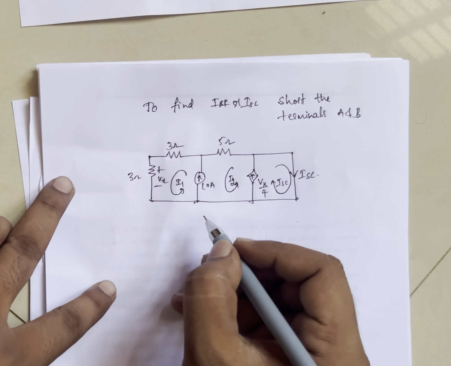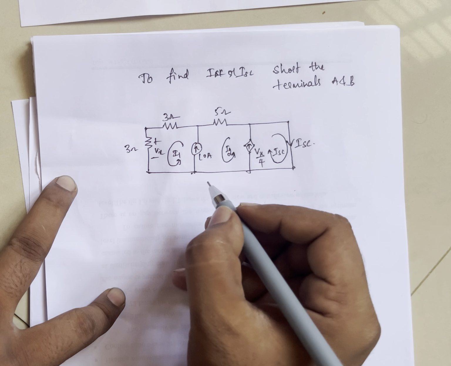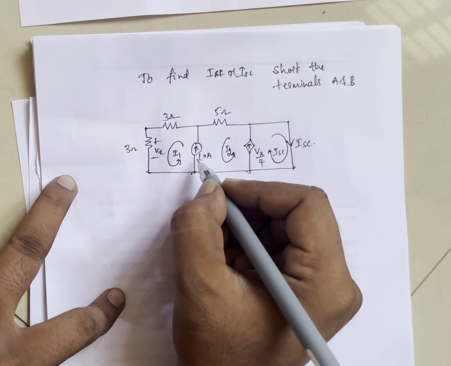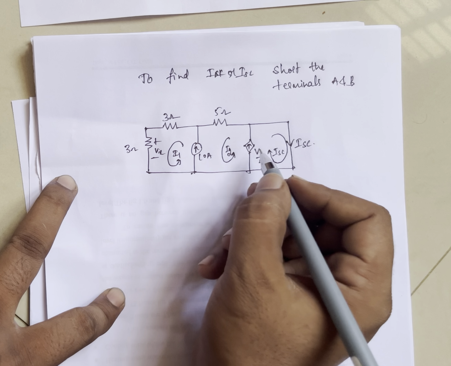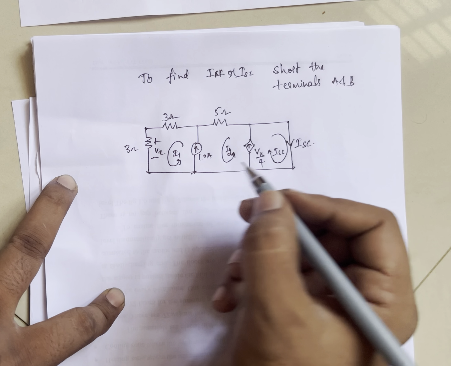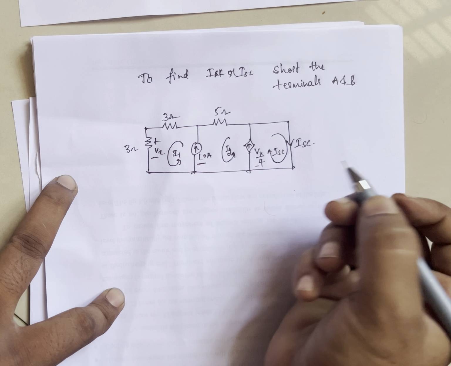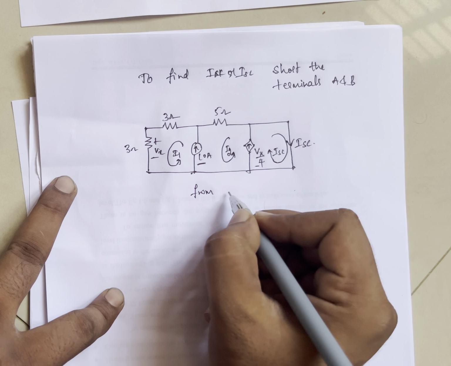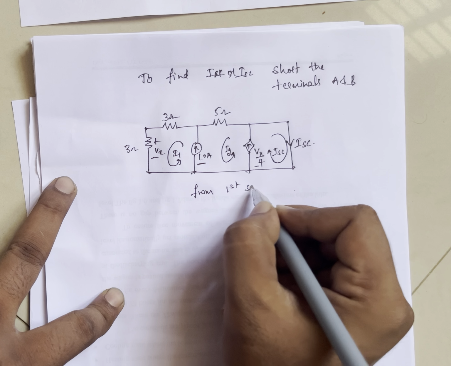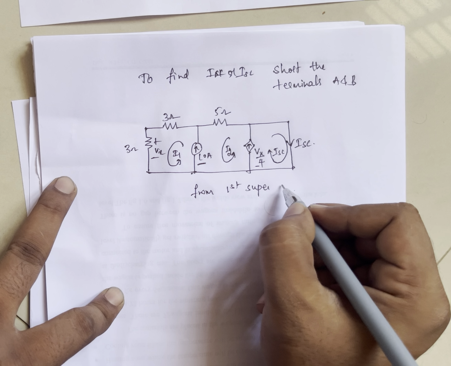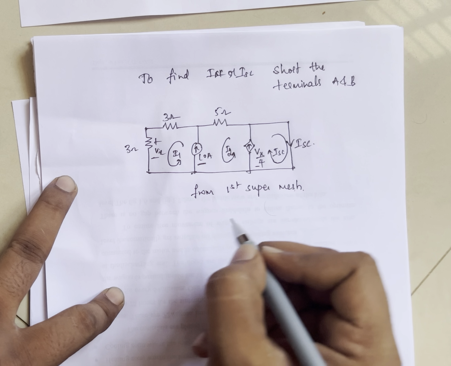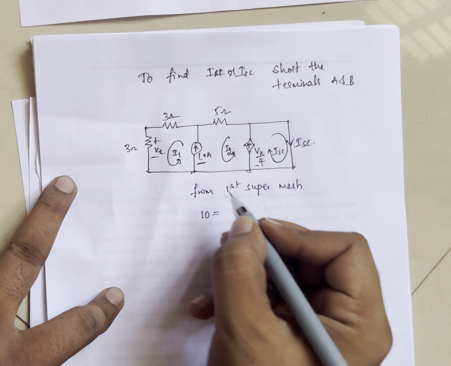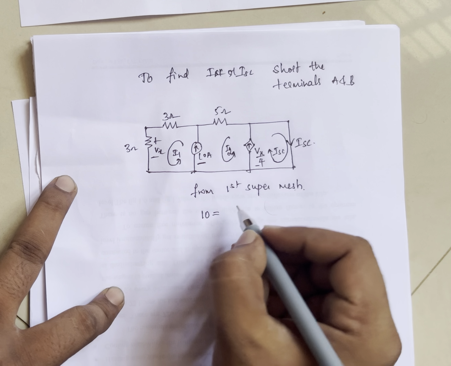Okay, so now use the loop analysis method. Before that, two super meshes are there, with 10 amperes and Vx by 4. Therefore, from the first super mesh, that is 10 amperes, 10 amperes equals I1 minus I2.